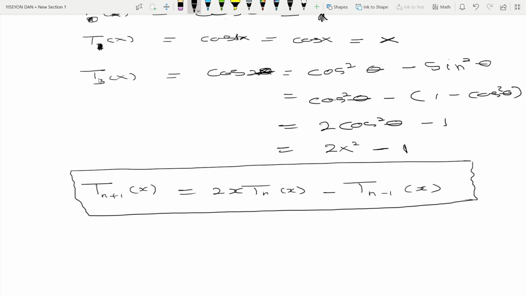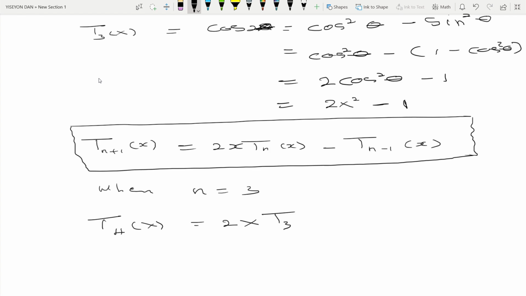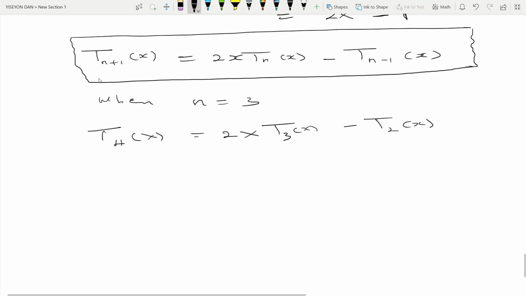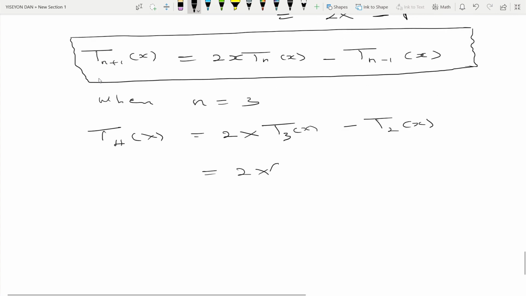So let's say we are to look for T4 now. T4 will be when n equals 3, so T4(x) is going to be 2x times T3(x) minus T2(x). We already saw T3 and T2.